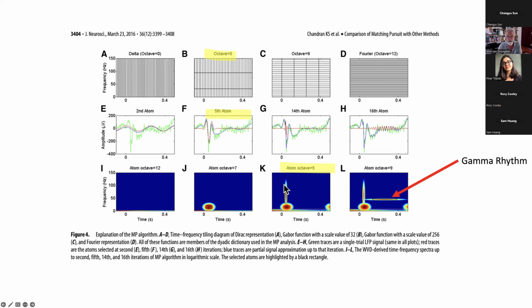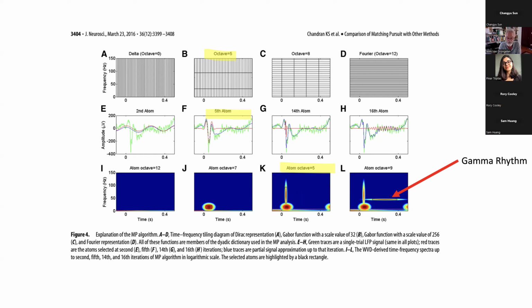And this is indicated, by the way, by this black rectangle. That's not that clear in the original figure, but you can probably see that there is a black rectangle around this. And for instance, there is another one that does the gamma rhythm quite well. In this case, this one is not the same as that one, but you can see that the gamma rhythm is also nicely done.